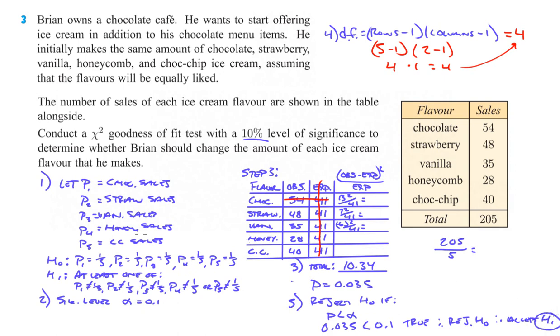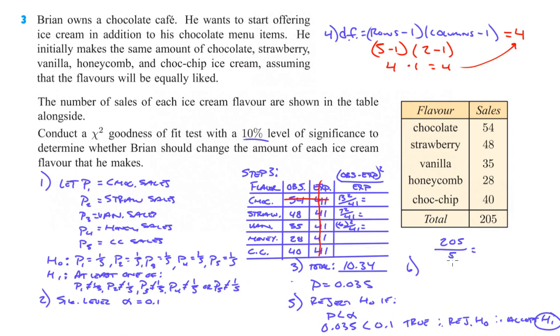So that means that at least one of these is not equal to a fifth with a 10% significance level. So then for step 6, we say that we have accepted H1.